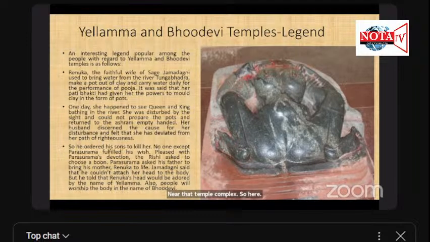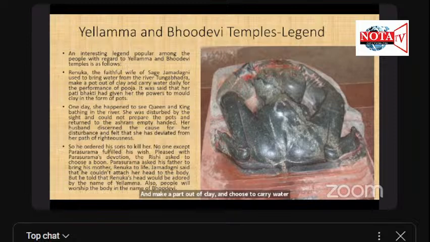There is an interesting thing: why is the head severed from the body? There is a legend which is very popular among the people with regard to the Yellamma and Bhudevi temples also found there. Renuka, the faithful wife of sage Jamadagni, used to bring water from the river Tungabhadra and make a pot out of clay, and she carried water daily for the performance of puja.